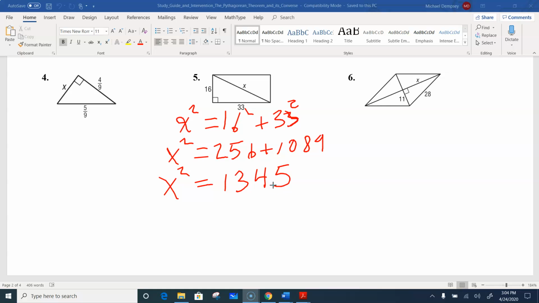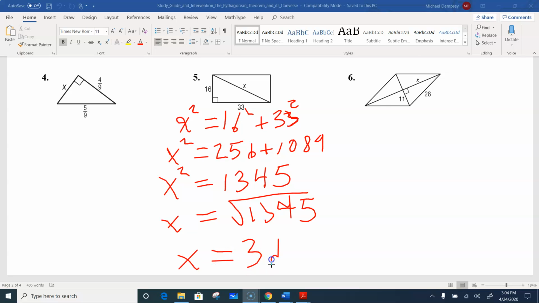And now I'm going to take the square root of both sides. So x equals the square root of 1345. So when I take the square root of 1345, I get 36.7. So I got 36.7 for that one.